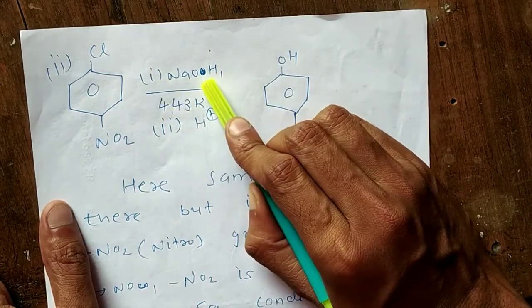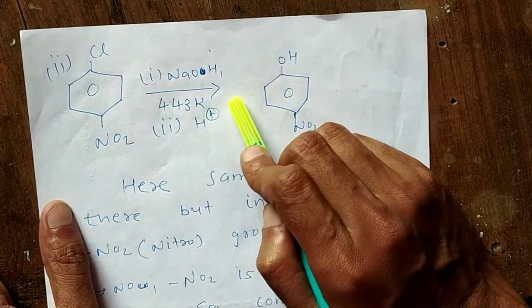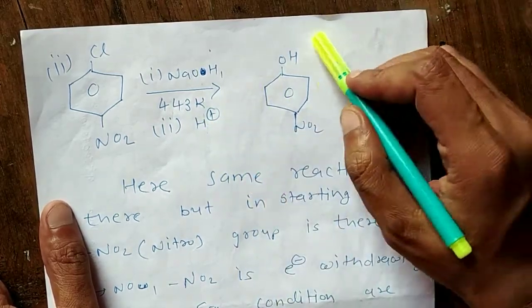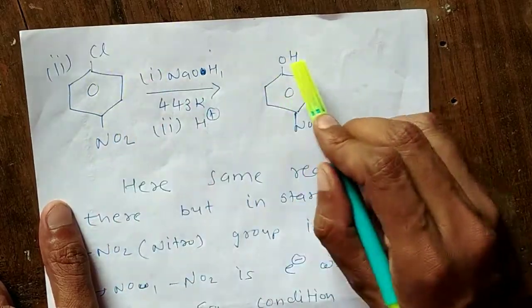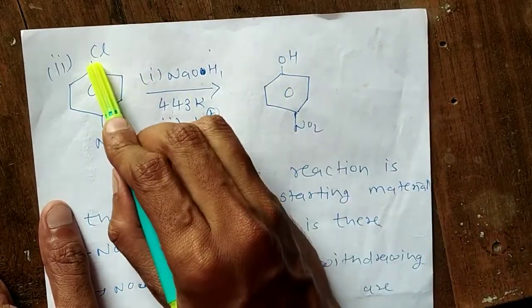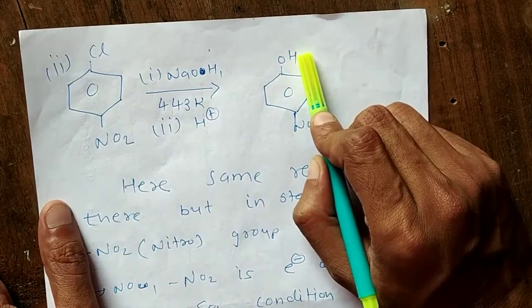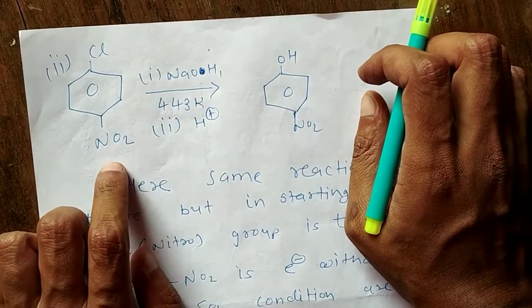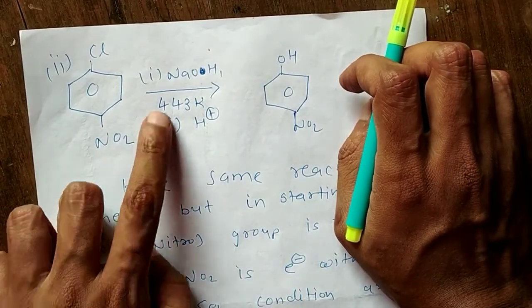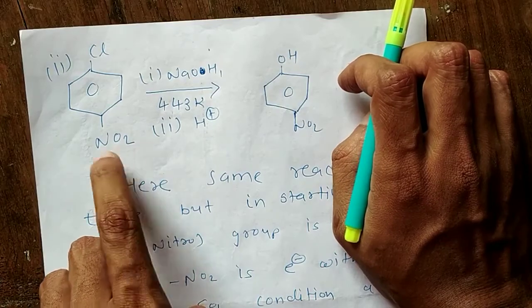You can see NaOH as in the previous reaction and the second step is H+. Now what is the product? Simply replace this Cl with OH. Cl into OH, halogen into alcohol group conversion. Now this reaction is used when a single nitro group is there.